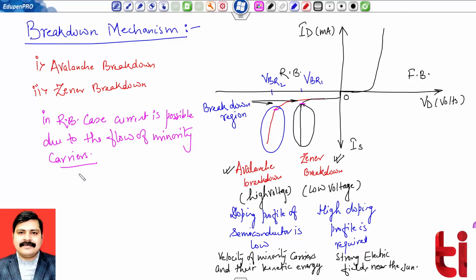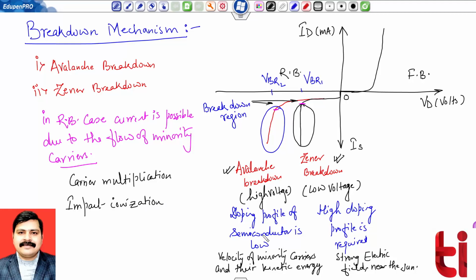This process is known as carrier multiplication, and this concept is known as impact ionization.